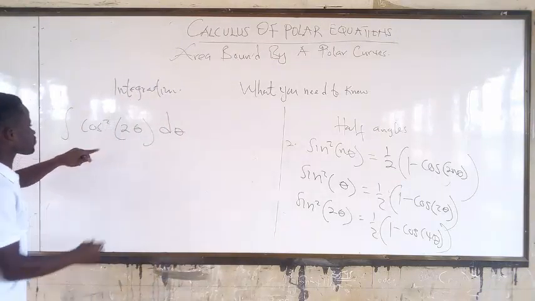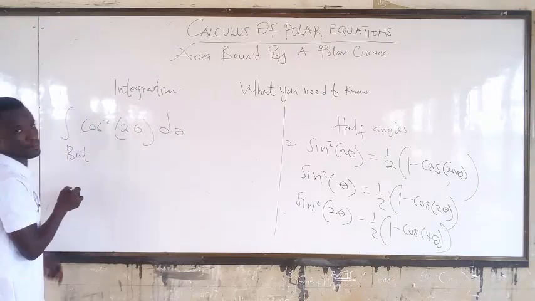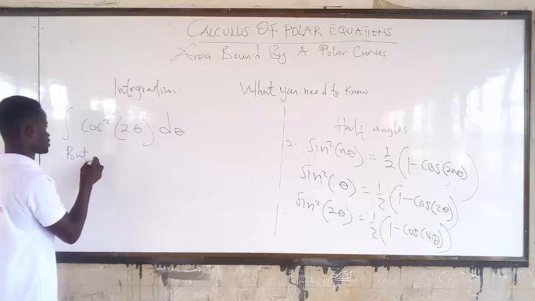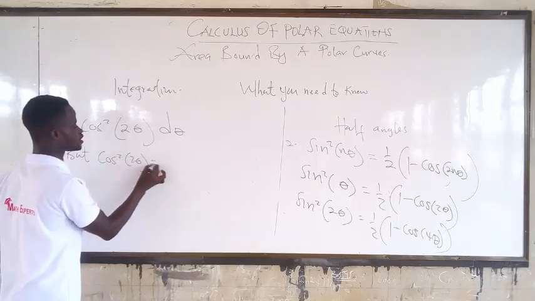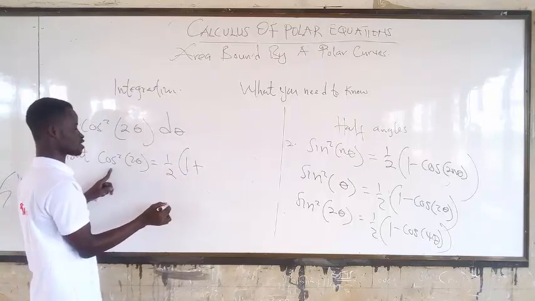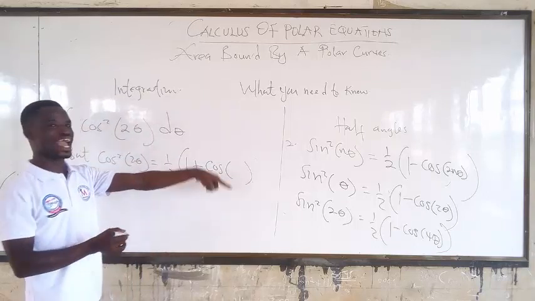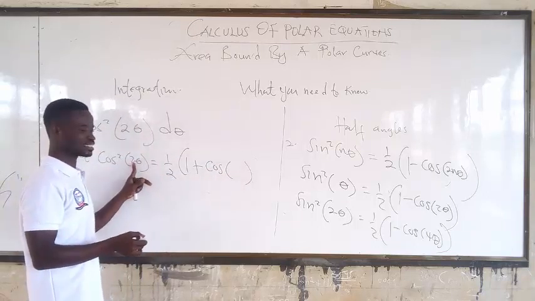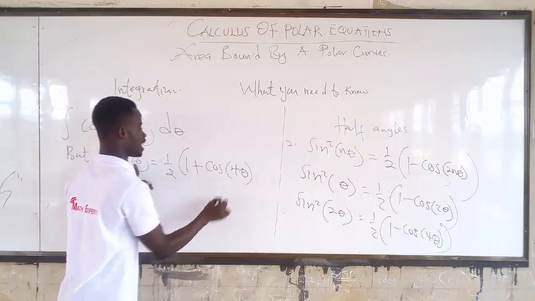So you change the whole of this function. Cos square 2 theta is equal to half of 1 plus cos 2n, and the n is 2. So here we come to 4 theta.